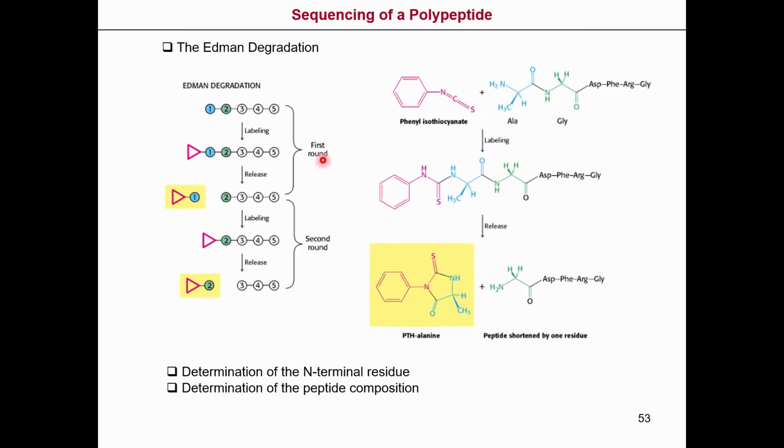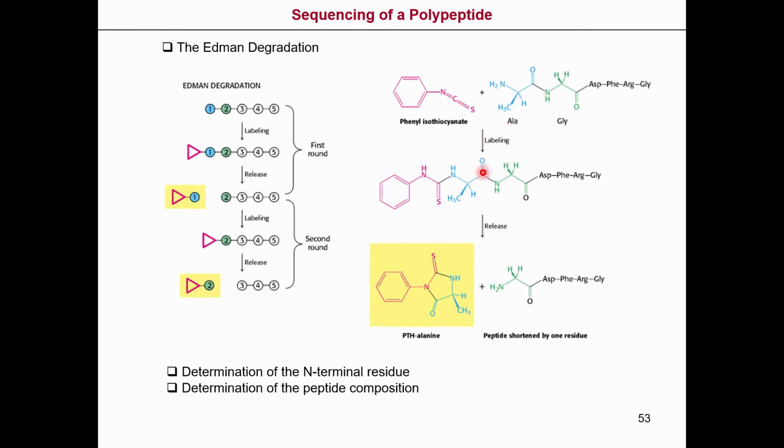And what happens? You have a dye here. The dye will react with the N-terminal amino acid, so the first amino acid of the peptide. Here it's alanine.